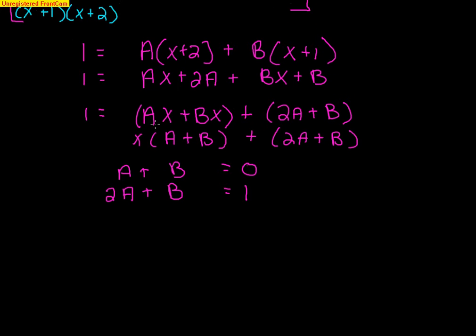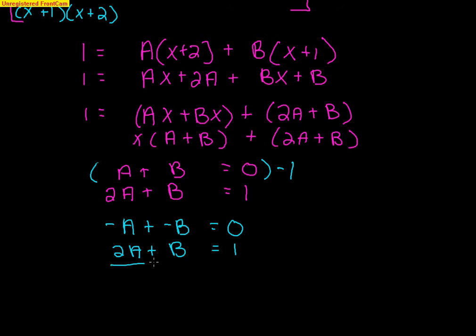So when we solve this, we need to cancel out one of the terms to find out the other one, a or b. So we can multiply the top by -1, that way the b's can cancel out when you add them together, and we will get -a plus -b equals 0, and the bottom stays the same, 2a plus b equals 1.